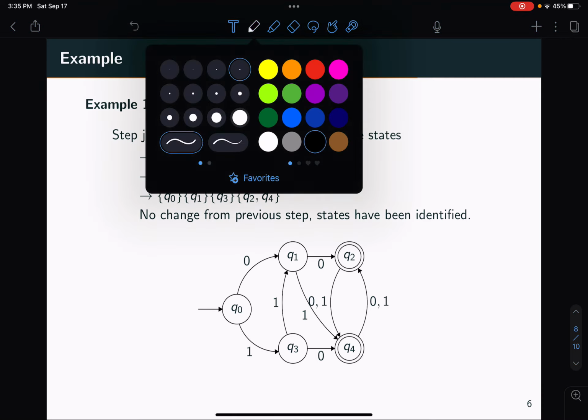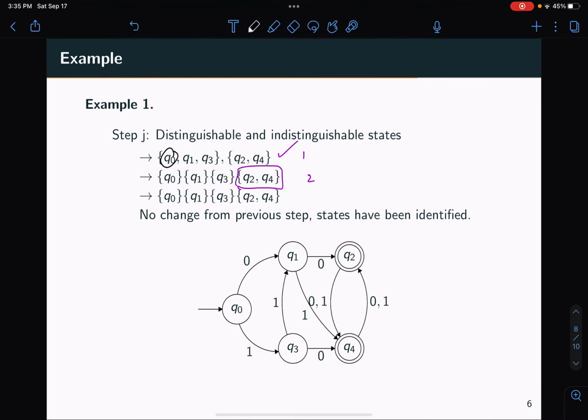Now what I need to do is check, let's say, Q0 and Q1. Are they distinguishable or indistinguishable? So Q0 and Q1, if you read a 0. And notice that at step 2, what I'm doing is checking the partitions from the previous step, so S1 and S2.